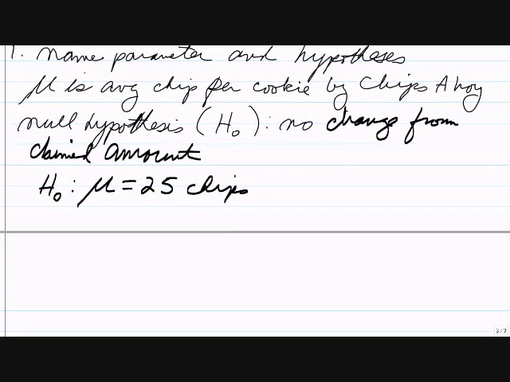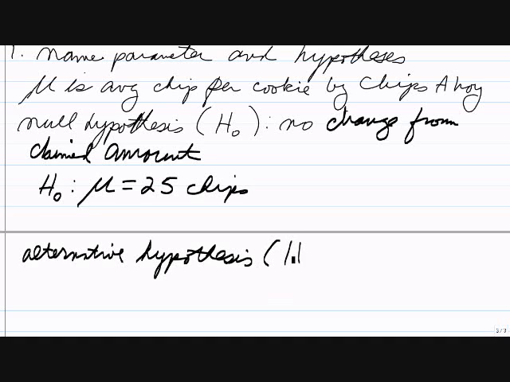And then we have an alternative hypothesis. And that one we call H sub A. And that one is about the claimed amount not being true.